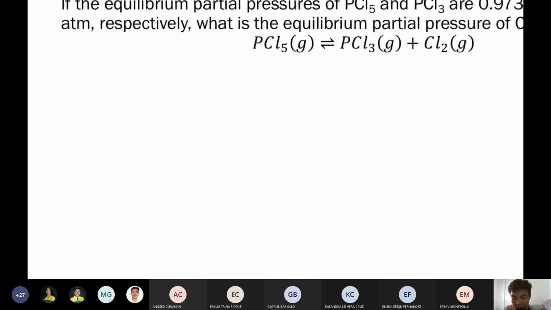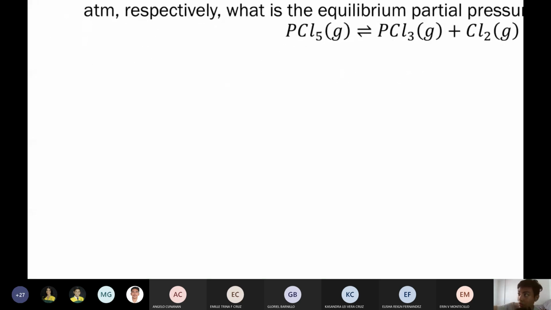So, gawin muna natin yung equilibrium expression for this equation. Ito. So, equilibrium constant is equal to the pressure of the gas in the product over the pressure of the gas in the reactant. No?